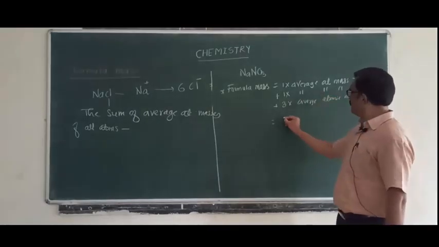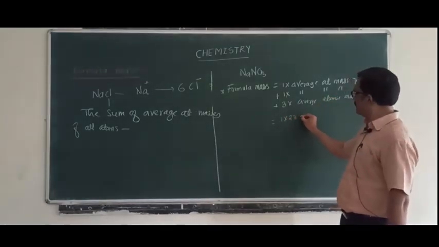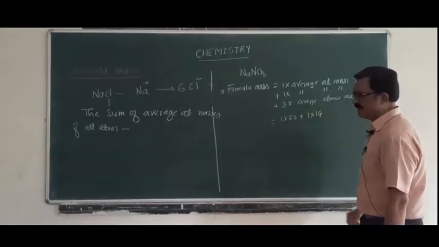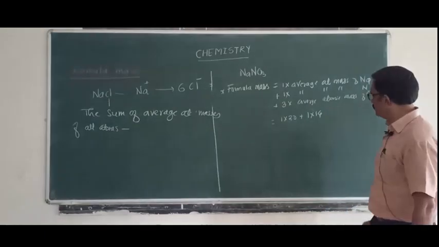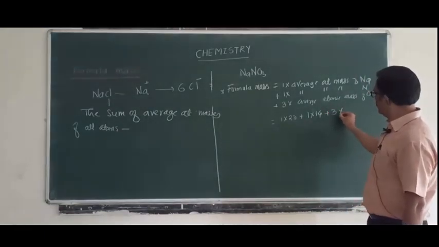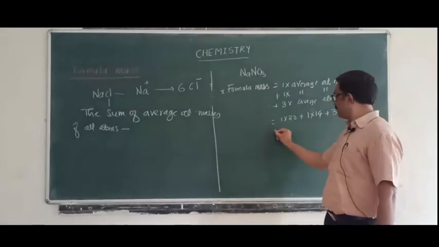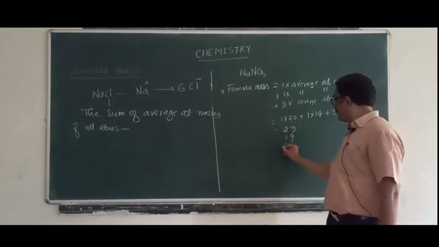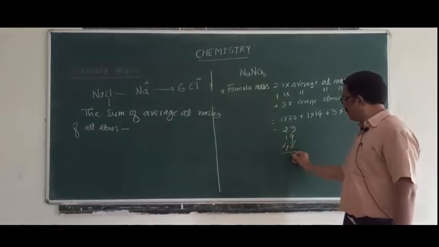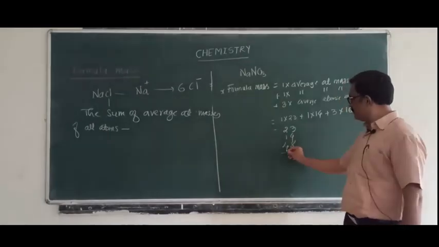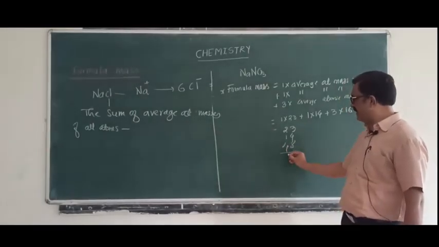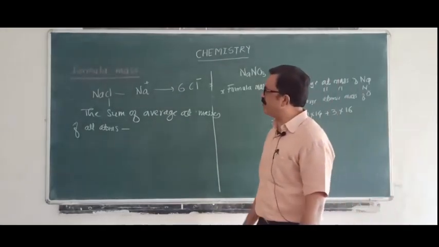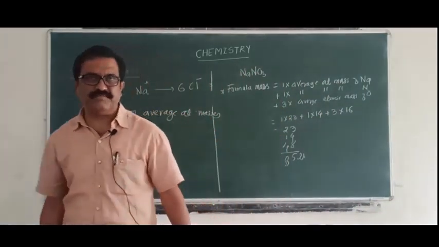Hence, 1 into 23 plus 1 into 14 plus 3 into 16, that is 23 plus 14 plus 48, that is 85 unified is the formula mass of sodium nitrate.